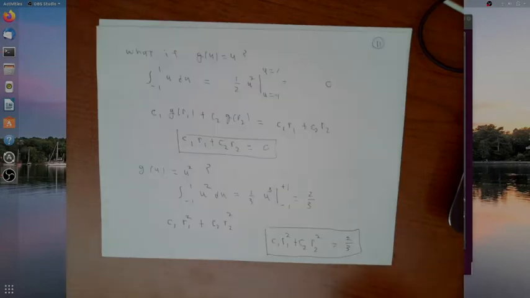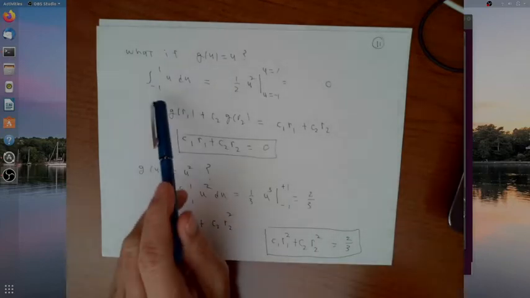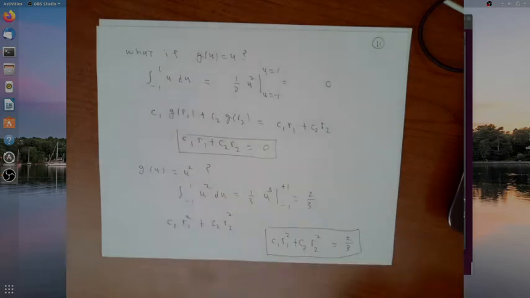What if the function g of u were just u? The integral in question would be the integral from -1 to 1 of u du, and the antiderivative is 1/2 u squared. u squared is an even function, so when I put the -1 and the 1 in, I get the same result, and when I subtract, I get 0 for an answer.